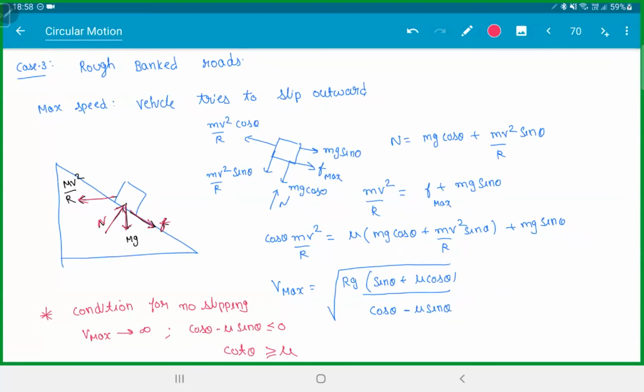That itself is a question: find the condition on the banked road so that the vehicle never slips for any speed. Check this out. This is the maximum speed of the vehicle. So if you have a banked road which is rough also, friction becomes an extra factor there.